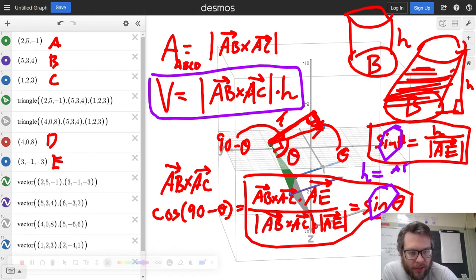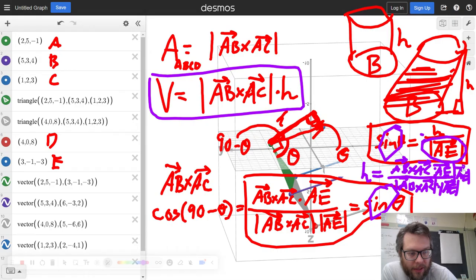So h is AB cross AC dotted with AE over magnitude AB cross AC and magnitude AE, and I needed to make sure that I multiplied by magnitude AE.